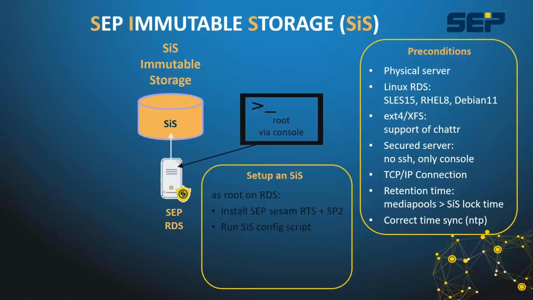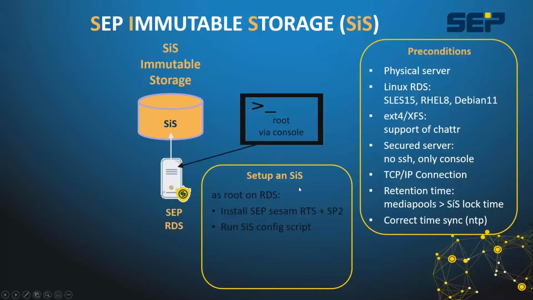Now the setup. First of all, you need access to this box from the console via root. And if you log in via root, then you can install the Sesam package, the RTS package. This is the remote tape service package plus the service pack 2. And then you have to run a specific config script to configure the immutable storage, to specify the drive number and this lock time retention and all this kind of functionality.